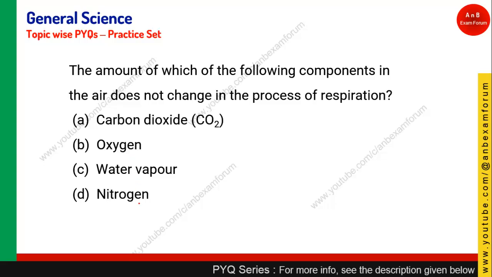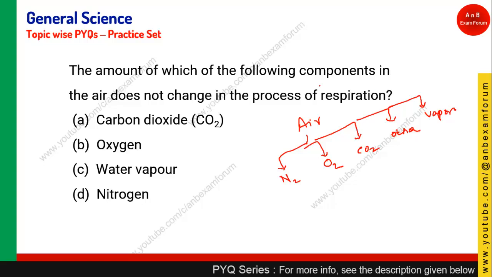Okay, so as you know, our air consists of many gases. The first one is nitrogen, the second one is oxygen, and the third one is CO2, and the other gases along with water vapors. So what he is asking is which of the following components does not change in percentage.